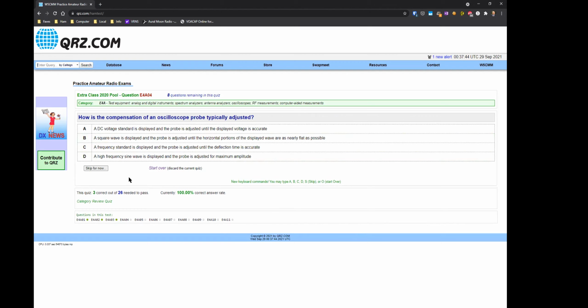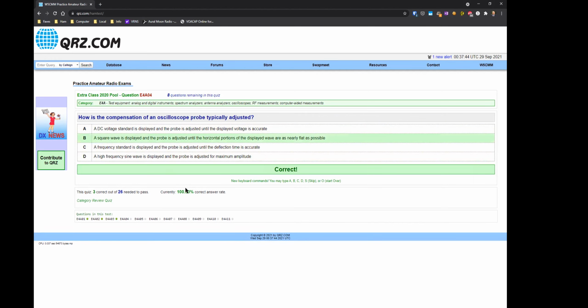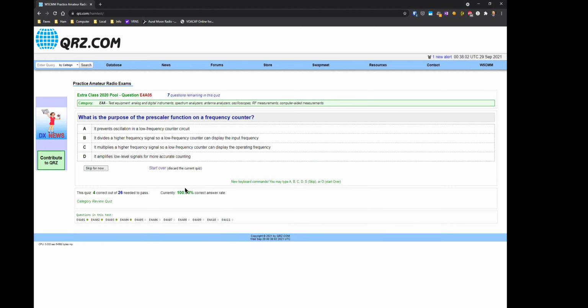B. What is the purpose of a prescaler function on a frequency counter? B again. So divide that frequency so a low frequency counter can display it.